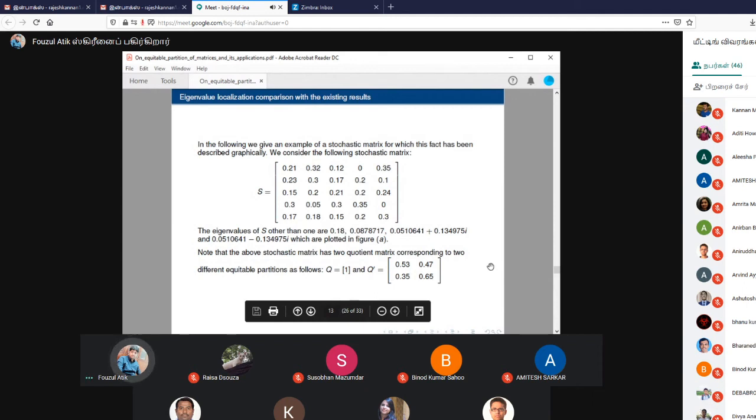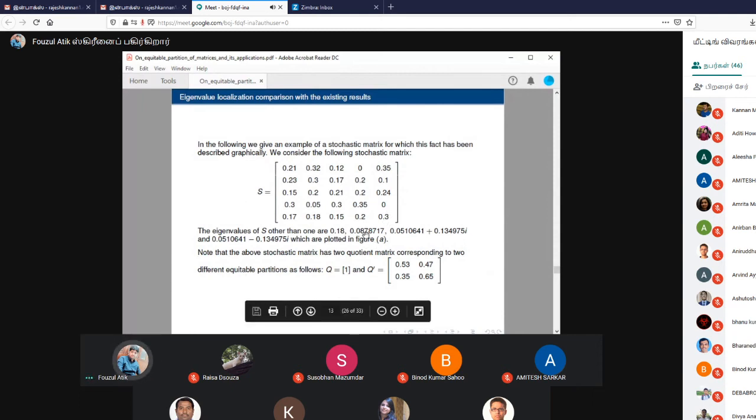Now we plot the eigenvalues to see how helpful this is. This is a suitable matrix, and from it we can see that these localization theorems are very helpful. The matrix is of order 5 by 5.